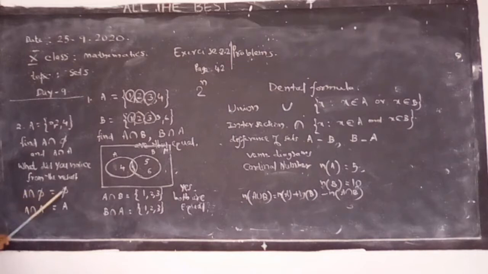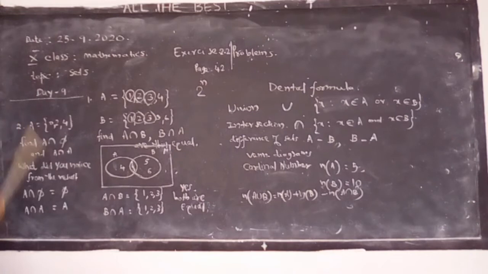In A intersection A, the same elements are common, 0 to 4. So that is set A, given. Whatever set name is given, we write that only. If we give B, you write B. If we give P, you write P only.